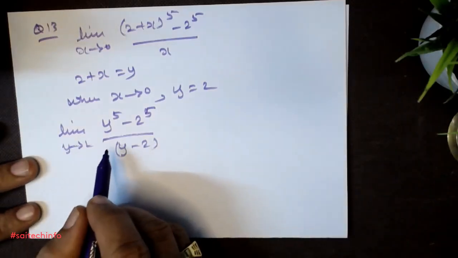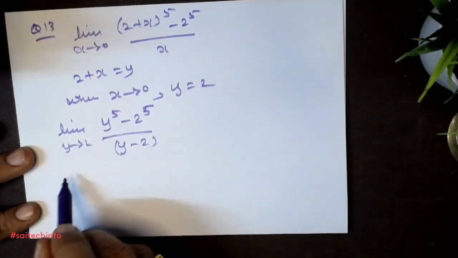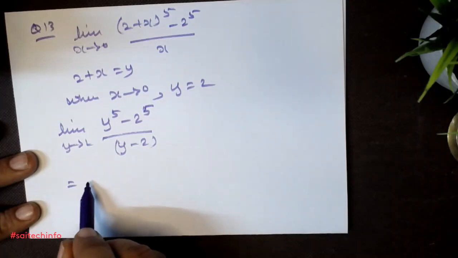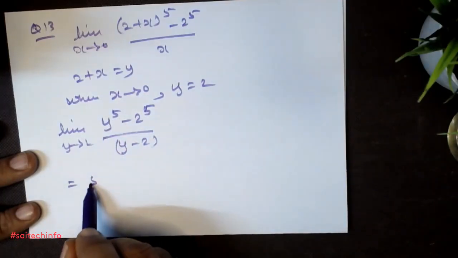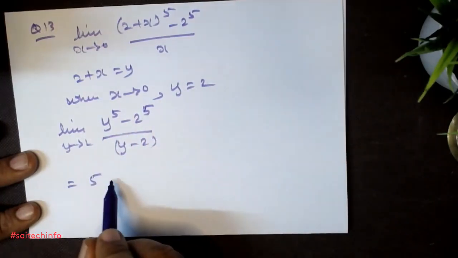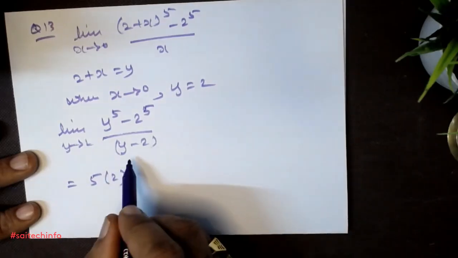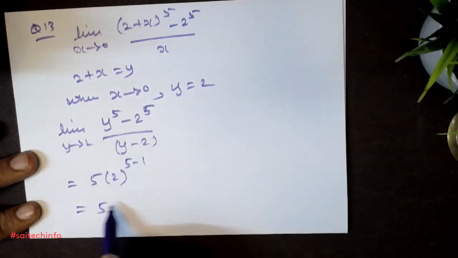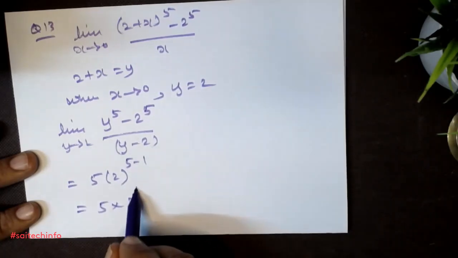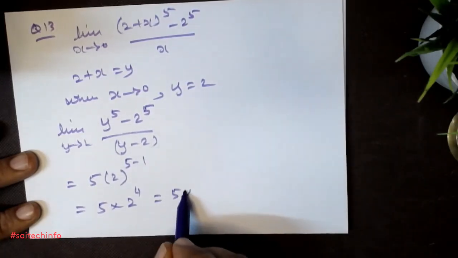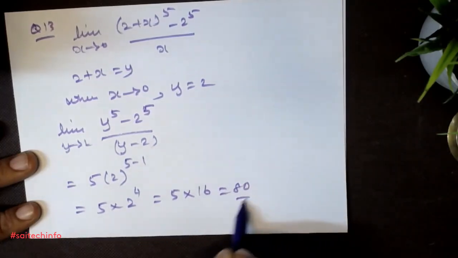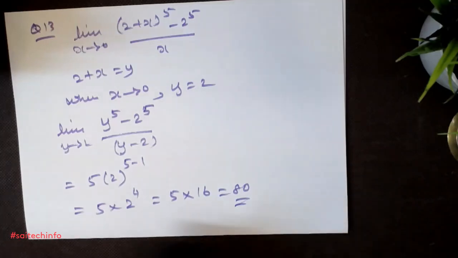Right? So now we have the same formula we can apply. So that is equal to n. What is n here? 5. A is 2, power n minus 1. So 5 minus 1. So that is 5 into 2 power 4. That is 5 into 2 2s are 4, 4 4s are 16. That is 80 is the answer. Okay.